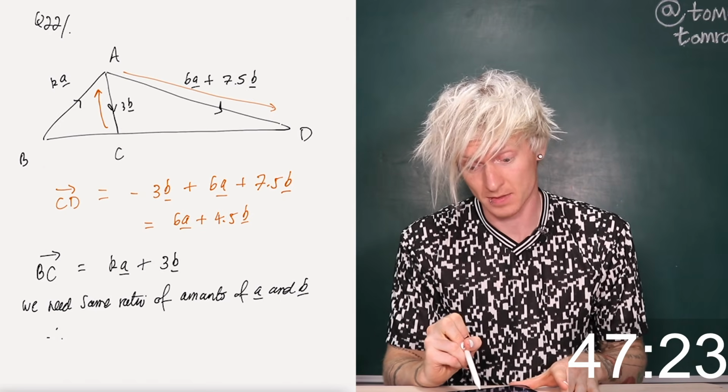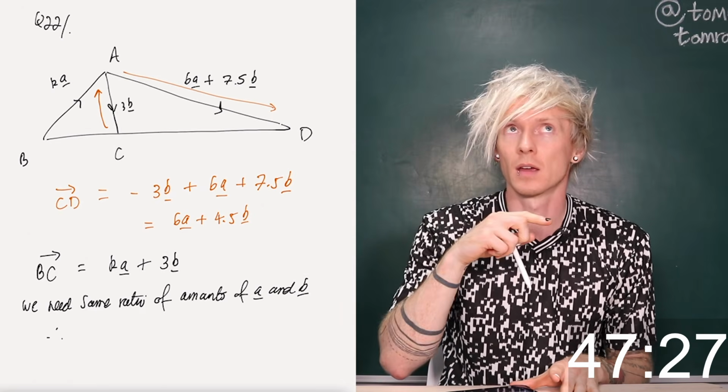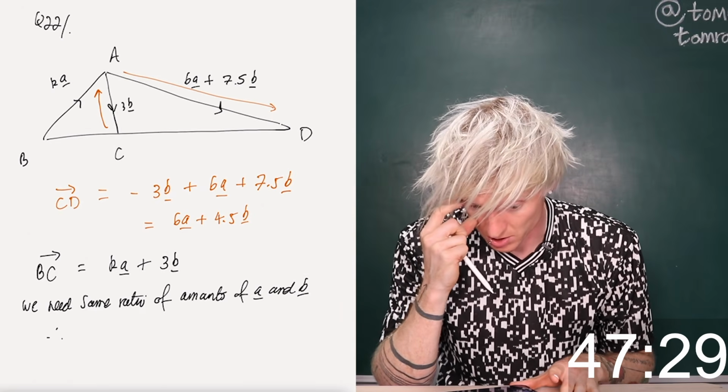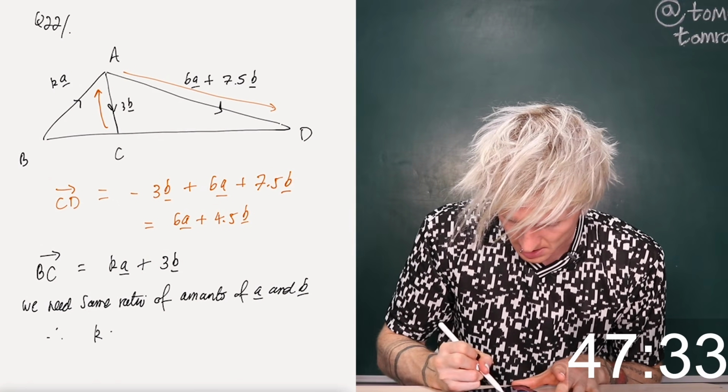A is, what ratio are they in? So 4.5B. So A is 4/3 of B. So therefore K equals 4.